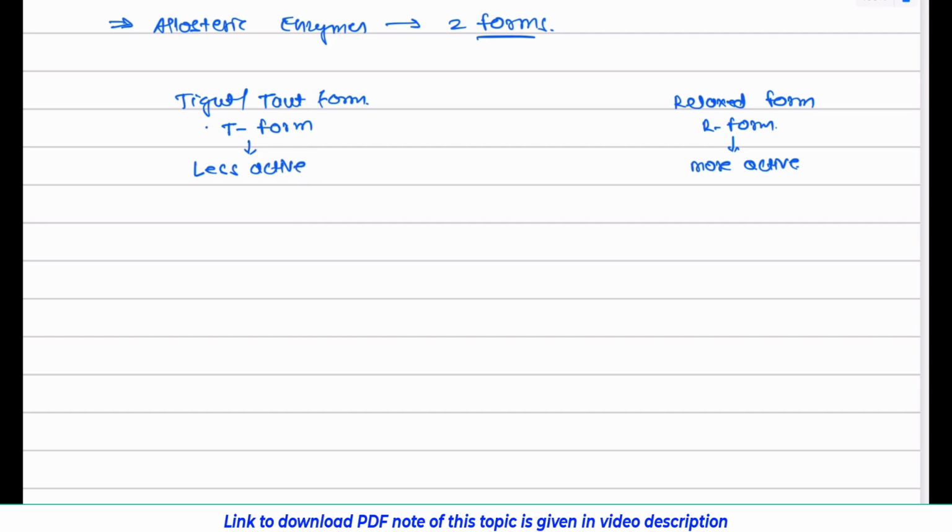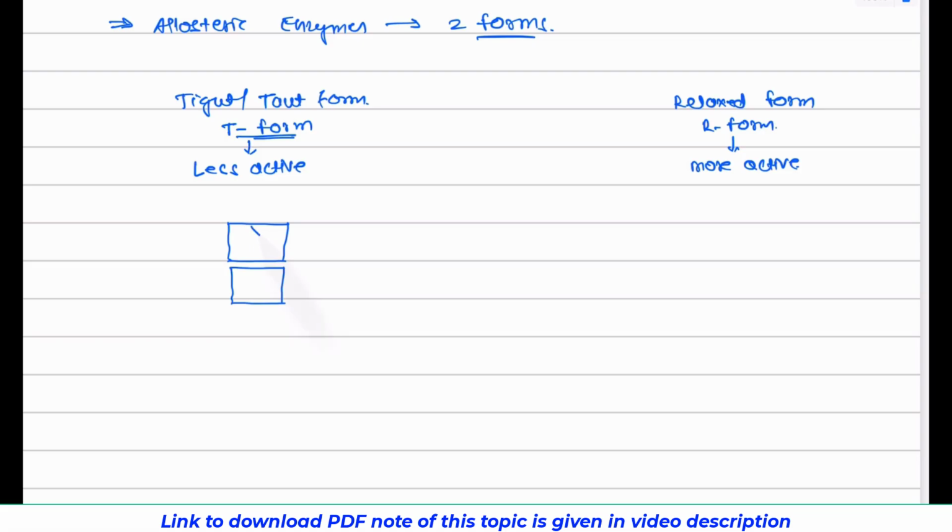Let's try to represent both of these forms in a schematic manner. So just like before, suppose this is the allosteric enzyme in the T form. Here the enzyme molecule is tightly packed. Suppose this is the active site and this red represents two different allosteric sites. Now to represent its relaxed form, we will relax this square a little bit.